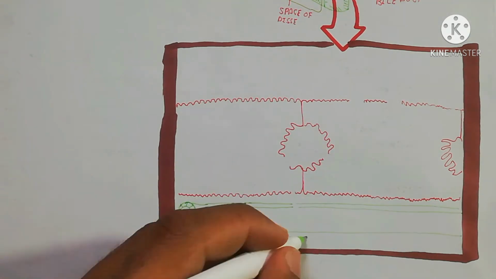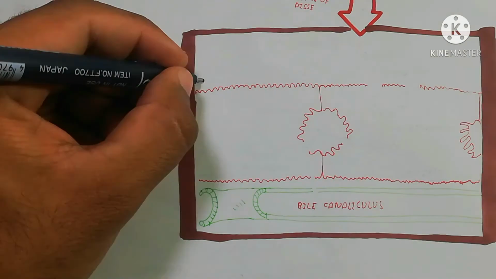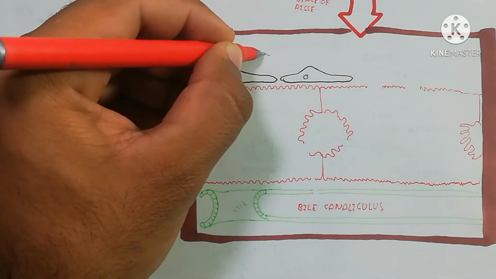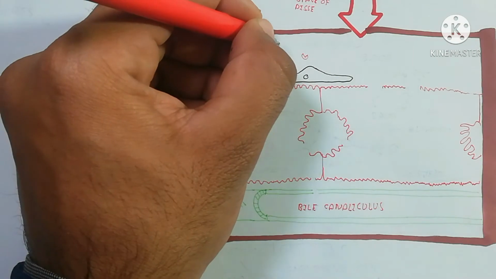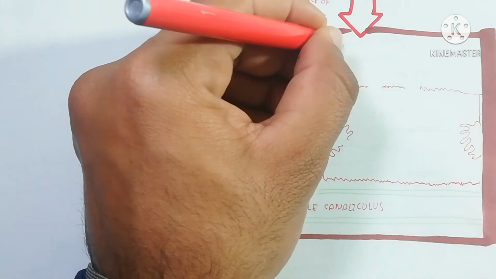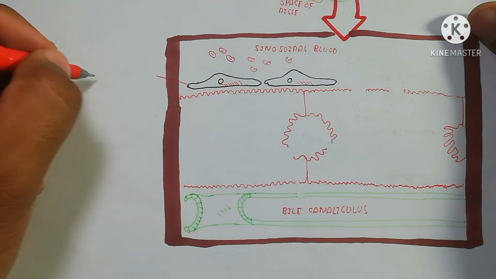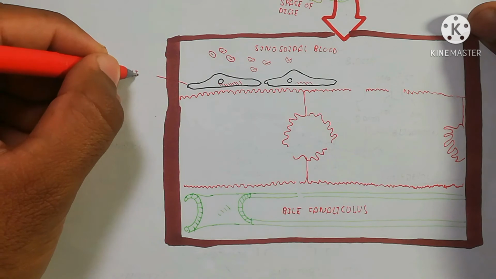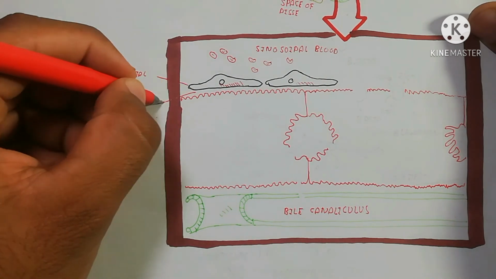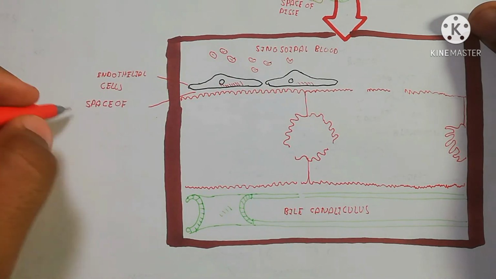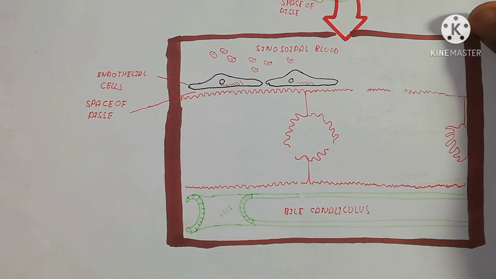So here is the drawing of the hepatocyte, which contains a bile canaliculus. This bile canaliculus enters between the cells of hepatocytes, a cluster of cells, looking like this.